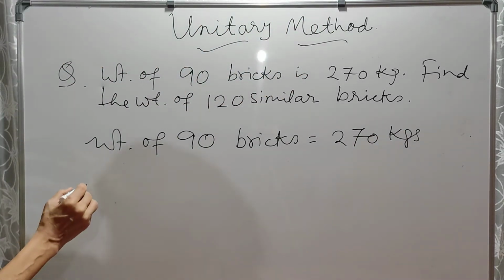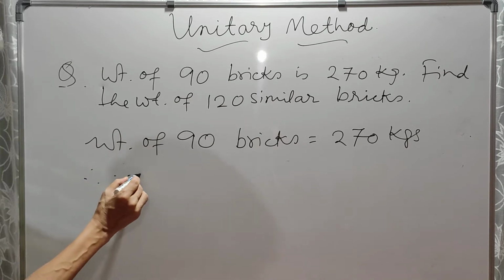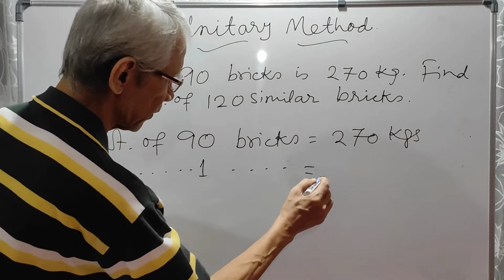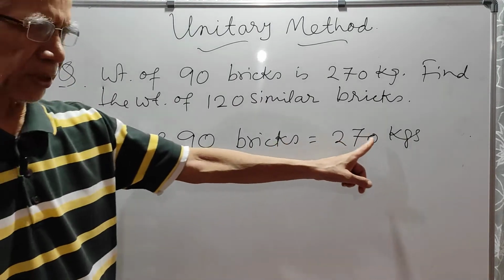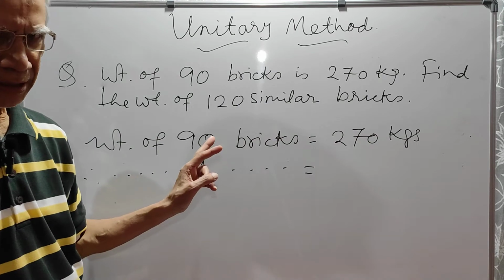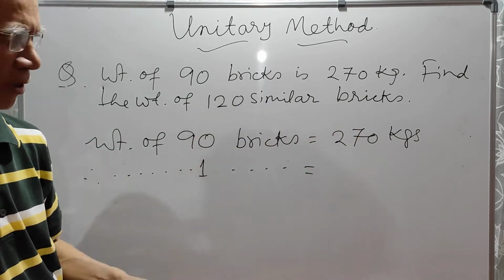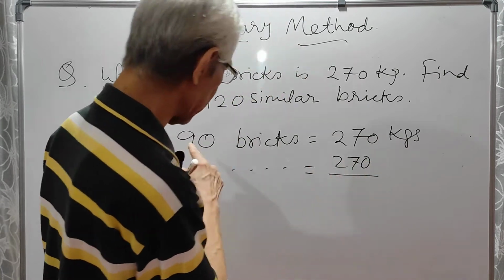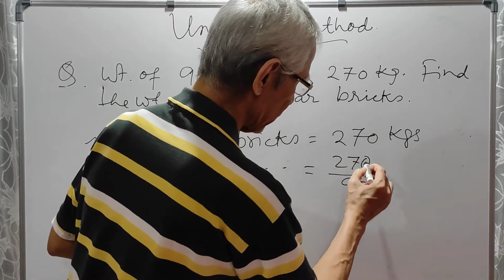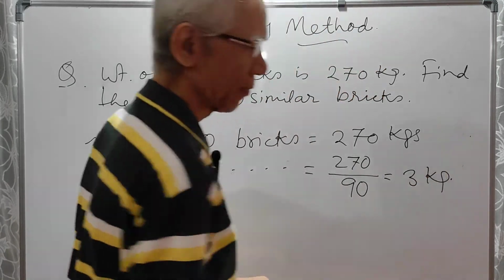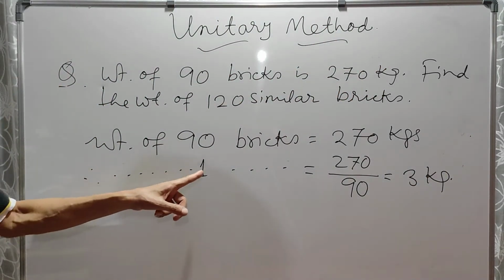Therefore, we try to find the weight of one brick. 90 bricks weigh 270, therefore one brick's weight will definitely be less. So again, we divide, isn't it? Divide what? Right number by left number. Always divide the right hand number by the left hand number. So here you get 3 kg. So weight of one brick is how much?